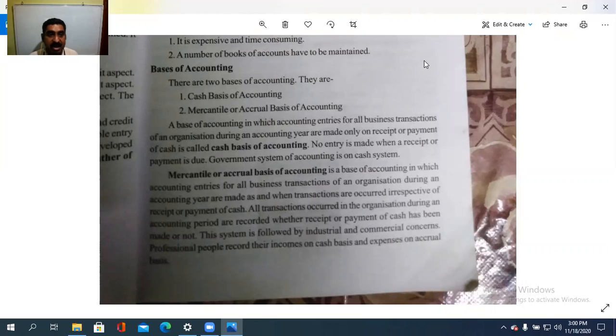That is called mercantile or accrual basis of accounting. All transactions occurring in the organization during an accounting period are recorded whether the receipt or payment of cash has been made or not. That is the case with regard to accrual or mercantile basis of accounting.